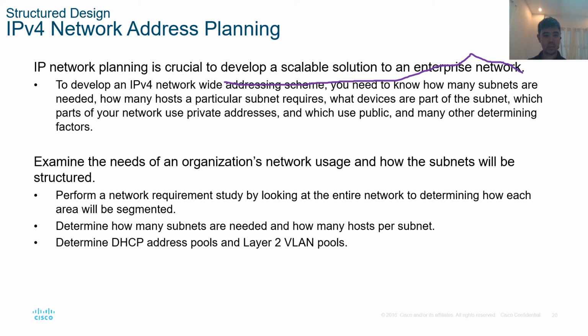If you were to work with DHCP, what are those IP addresses that need to run through DHCP, and what are those that are to be statically or manually assigned, and then your VLANs. As you go along, you will learn DHCP and VLAN, which is discussed in Cisco 2.